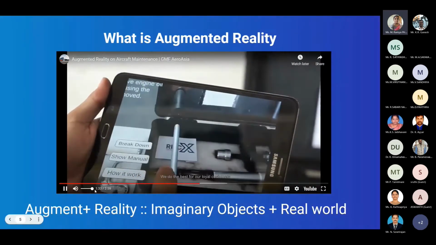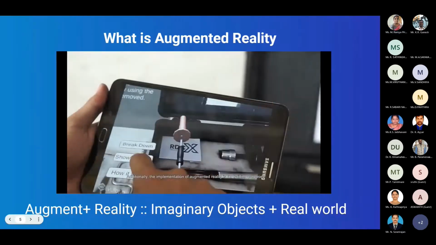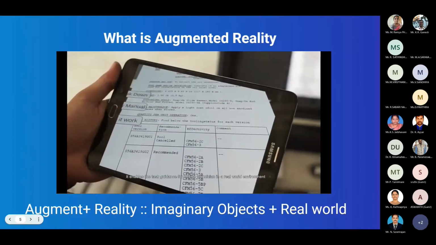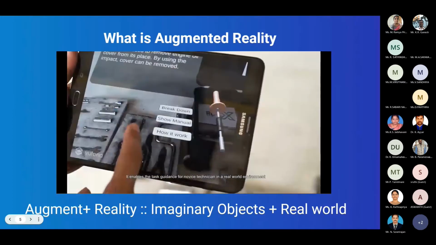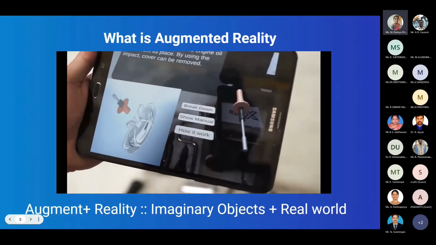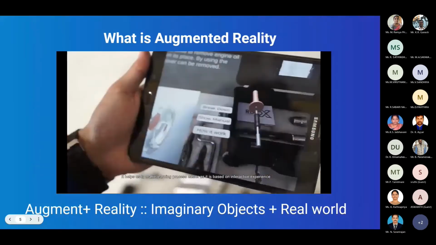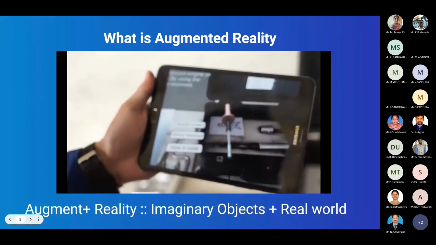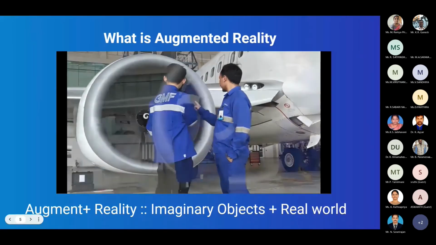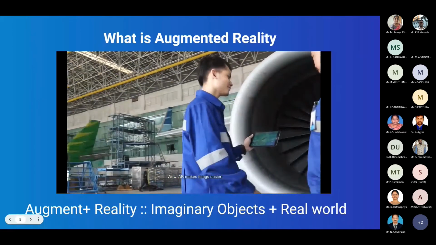We do the best for our loyal customers. Additionally, the implementation of augmented reality is for training purposes. It enables the task guidance for novice technicians in real-world environments. It helps us to make learning processes easier as it is based on an interactive experience. Wow, AR makes things easier.